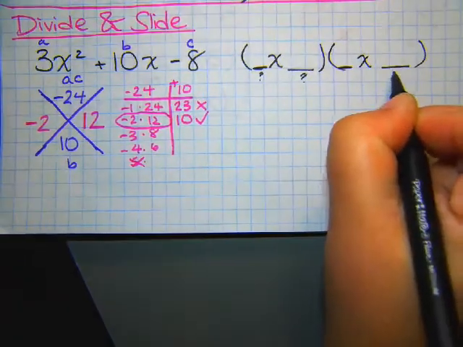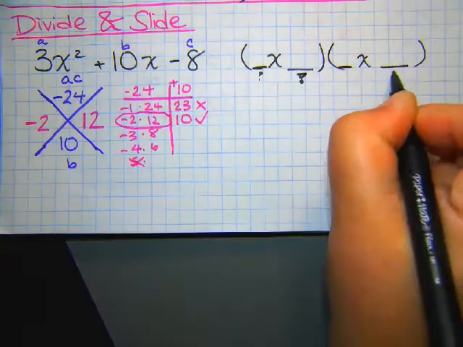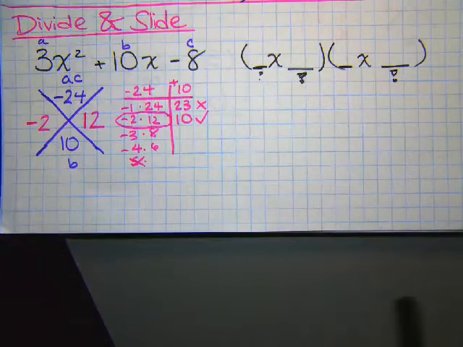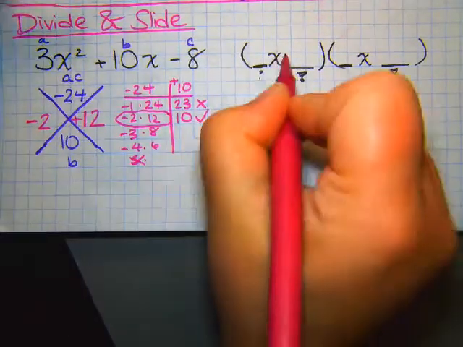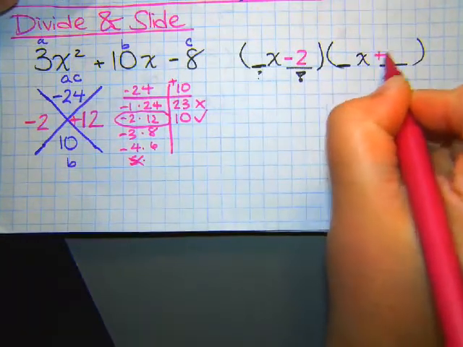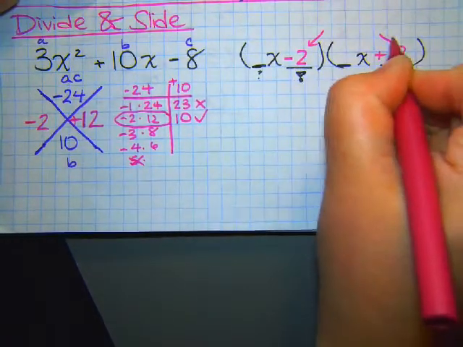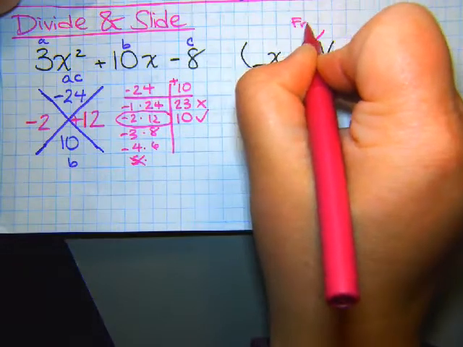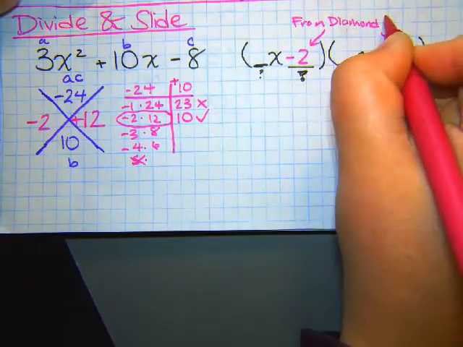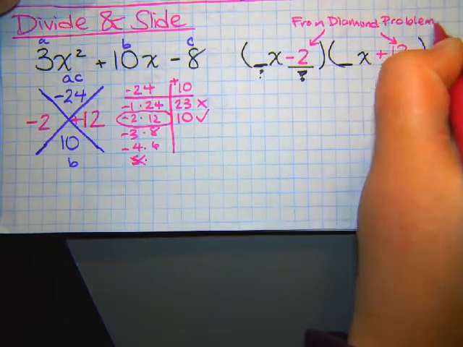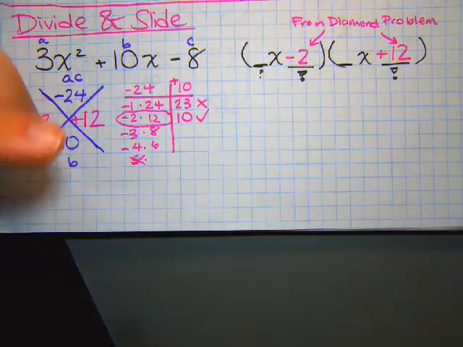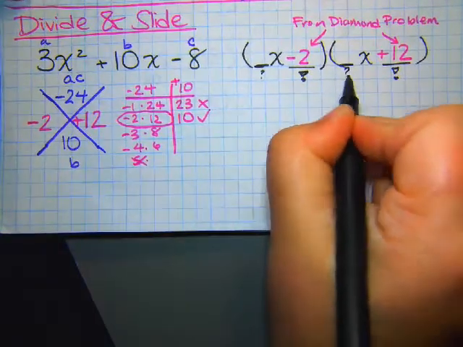So these numbers, change them to exclamation points, because these are our two factors, negative 2 and plus 12. So it's going to be something x minus 2, something x plus 12. Okay, so that's where we start. Now we need to figure out, will there indeed be a number in front of either of these x's?